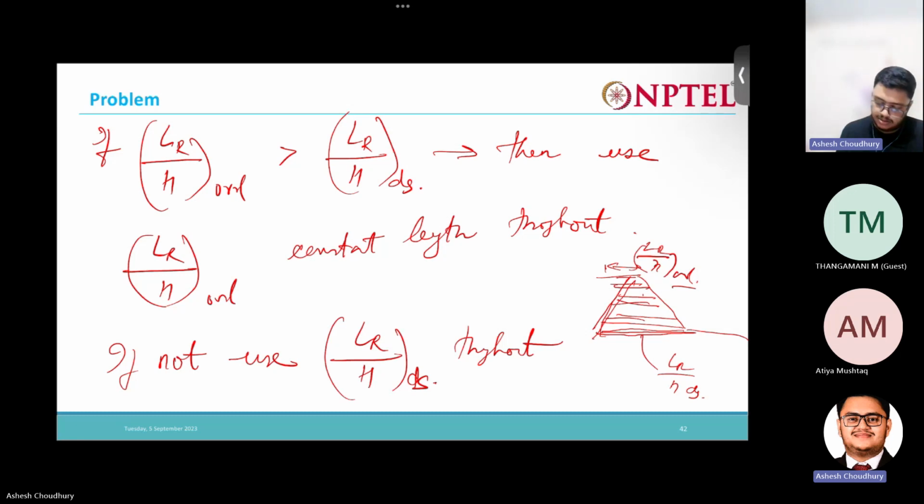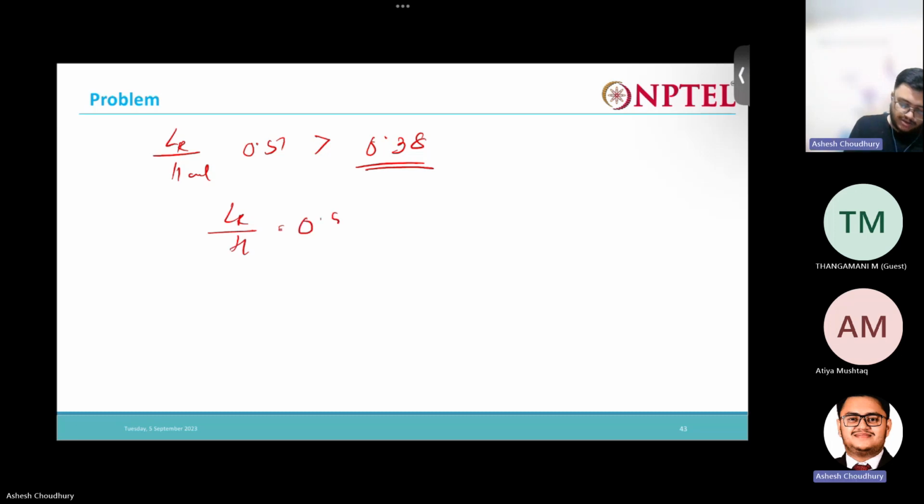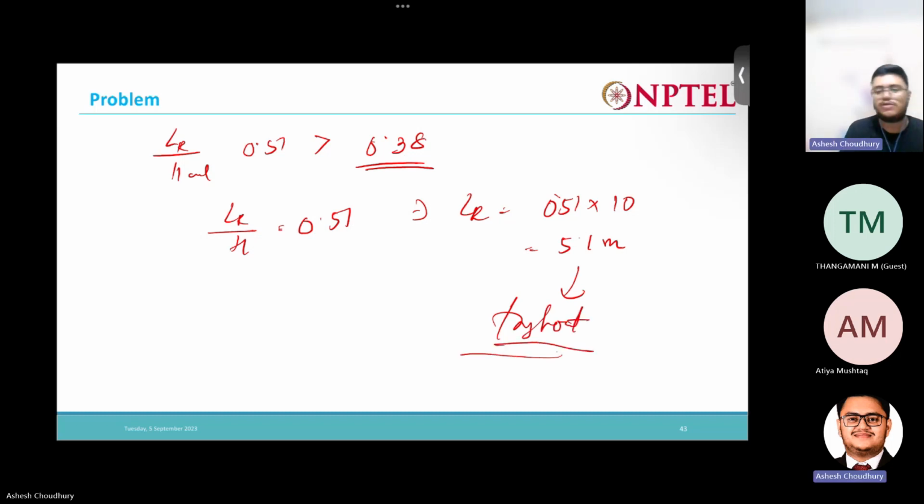But in our case, LR by H overall is 0.51, which is greater than 0.3, right? So what will we use? We will use LR by H as 0.51. That is LR equal to 0.51 into 10, which is 5.1 meter throughout.